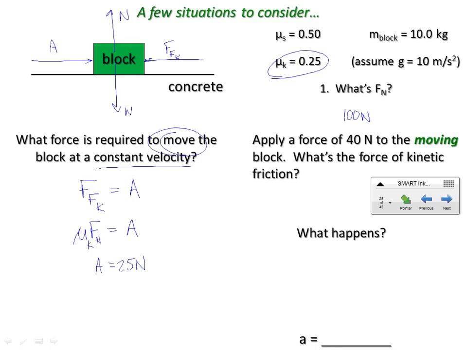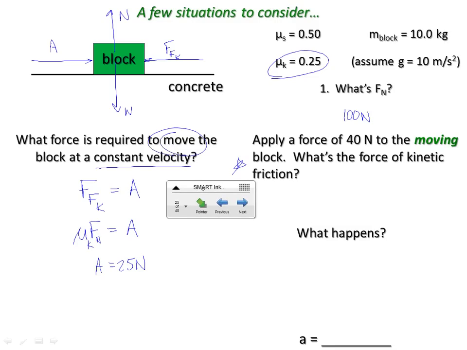Now, dig this. What if we apply 40 newtons of force to that moving block? First, what's the force of kinetic friction? It's the same exact force it was before. FFK is always mu K times the normal. It is always 25 newtons.